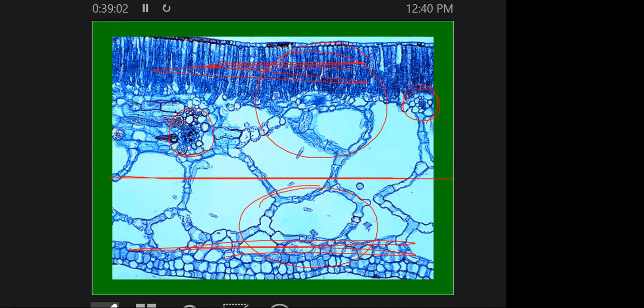What kind of plant might not really need to devote much energy to making tracheids, vessels? Water plants, right? So this is making me think this might be an aquatic plant because it's not devoting energy to water uptake, which probably means it's around water all the time, or maybe even totally submerged in water.